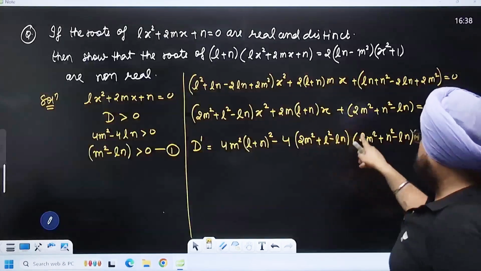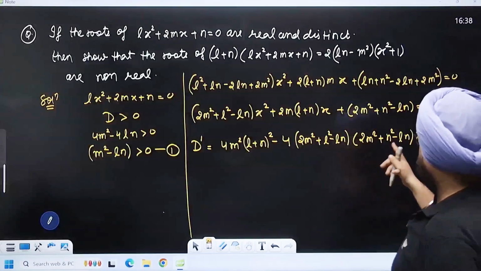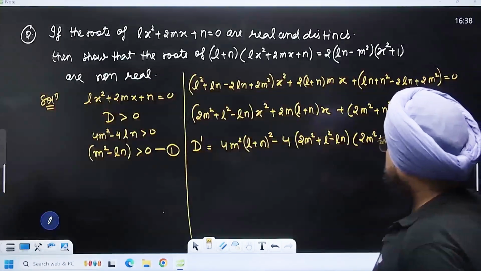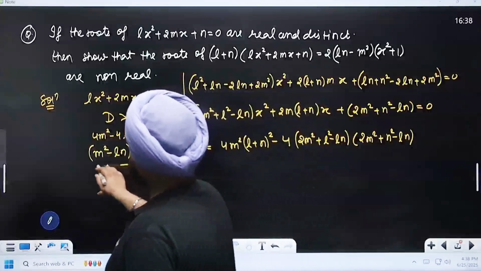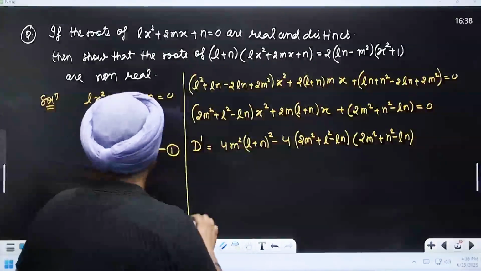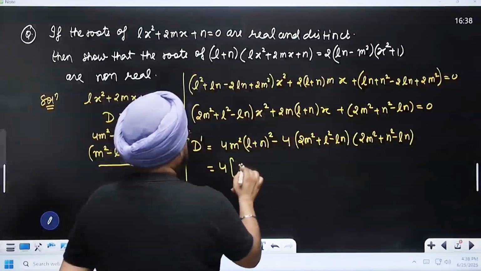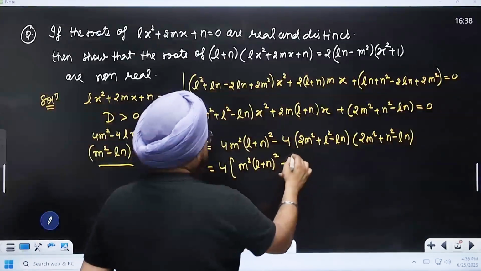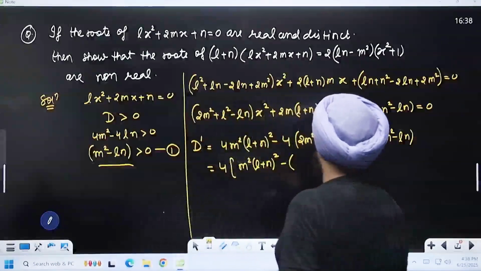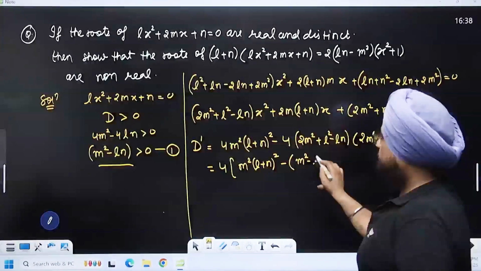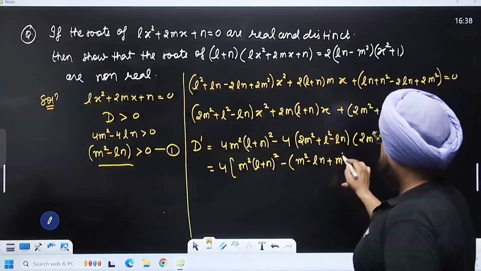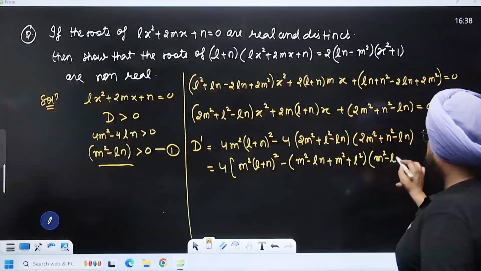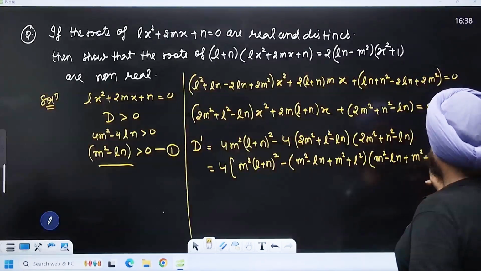From here the coefficient of m square will be 4. We can use the concept here that m square minus ln is positive. First let's take 4 common, and I am writing this expression as m square minus ln plus m square plus l square into m square minus ln plus m square plus n square.